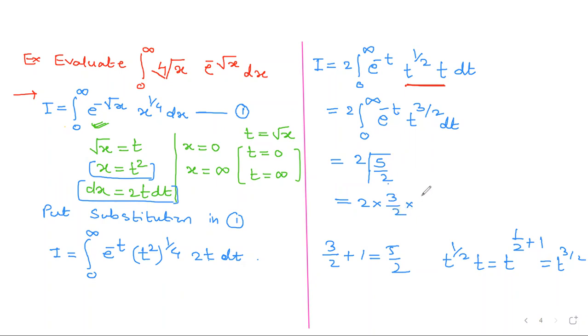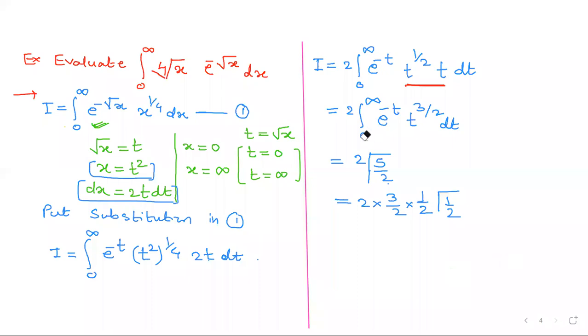Into 3/2 minus 1, 1/2, gamma half, root pi. Gamma half is root pi. एक 2 cancel कर दो, ये 2 और ये 2 cancel हो गया. So this is 3/2 root pi.